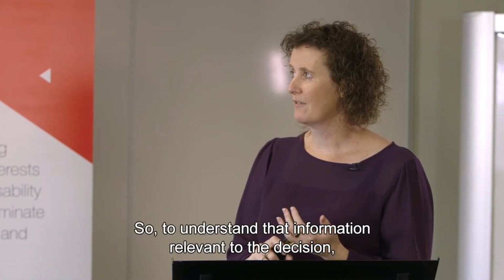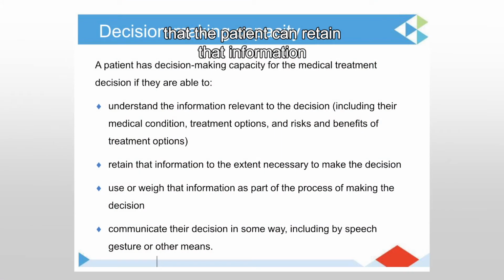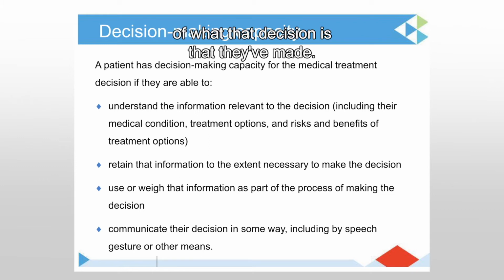So to understand that information relevant to the decision, that the patient can retain that information to the extent that's necessary to make the decision, that the patient can use and weigh up the information, and that then that patient can communicate their decision in some way of what that decision is that they've made.